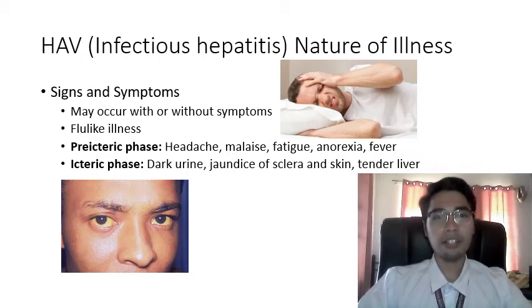In the icteric phase, the jaundice phase, the patient will suffer from dark urine, will show jaundice of the sclera and skin, and have a tender liver. So they will have abdominal pain in the right upper quadrant.